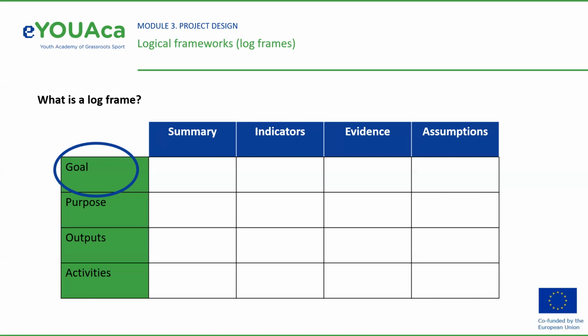It is a desired state where a need or problem no longer exists or is significantly improved. The project will contribute towards this long-term impact, but will not achieve it itself. The goal will be the same for a number of projects and might be a regional, national, or international government objective.